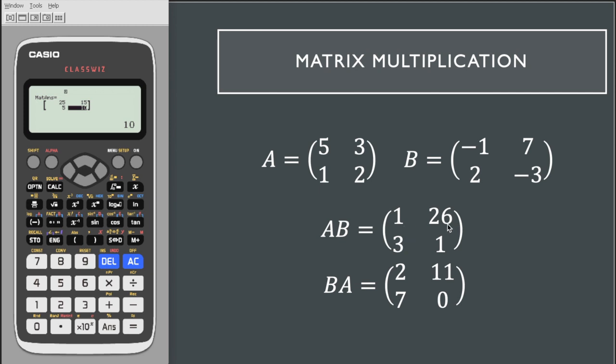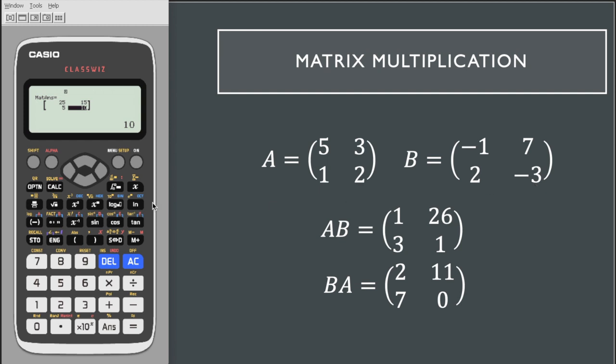So if you wanted to work out this element, 26, which is in the first row, second column, then you take the first row of matrix A and then you take the second column of matrix B and then perform that exact same calculation as we did before.